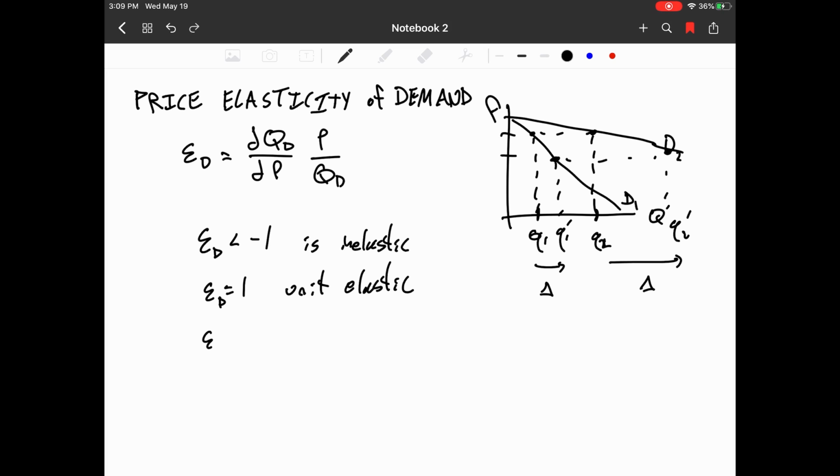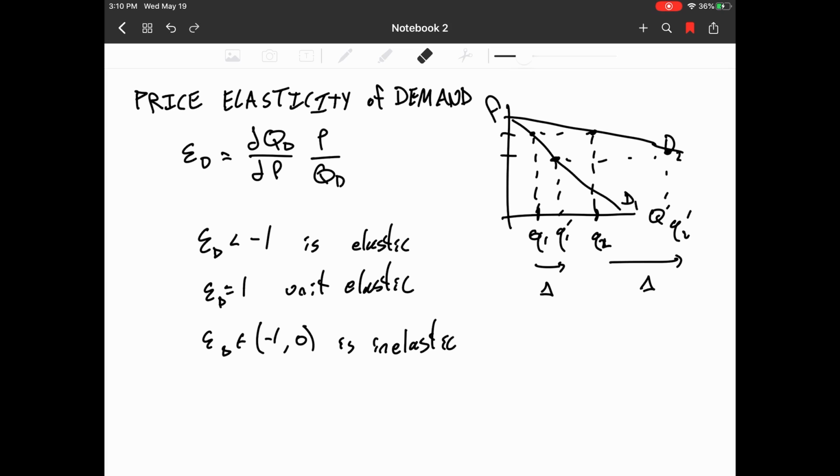And an elasticity of demand that's less than -1 is elastic. Excuse me, let's fix this here. So it's very responsive when it has a larger absolute value.